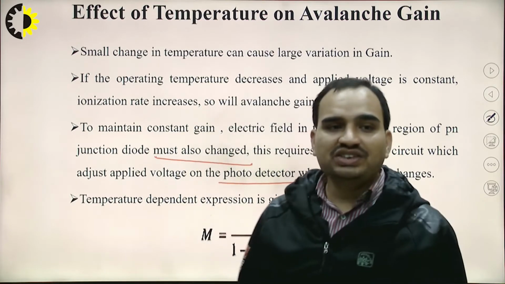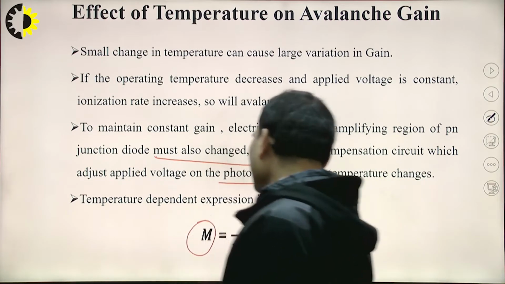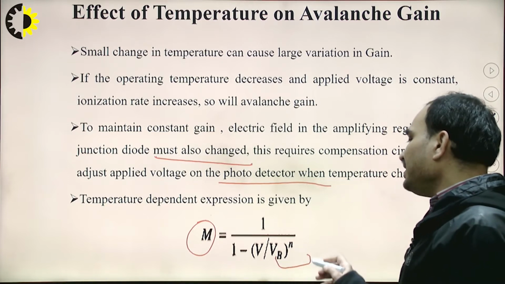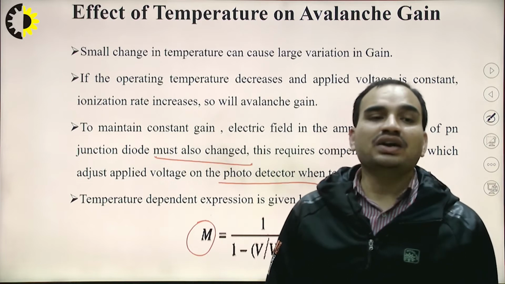The temperature dependent expression is given by M equals 1 over 1 minus (V by VB) raised to the power n, where VB is the breakdown voltage and V is the applied voltage.